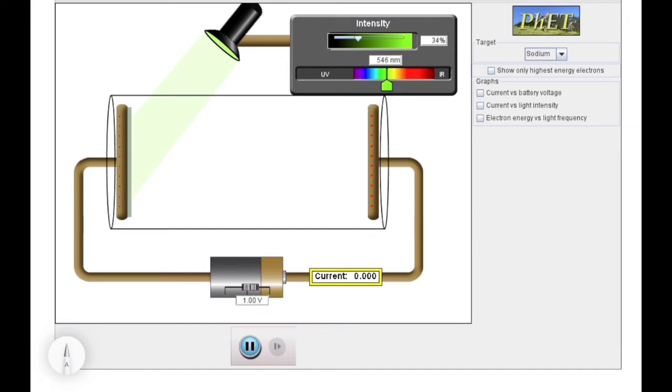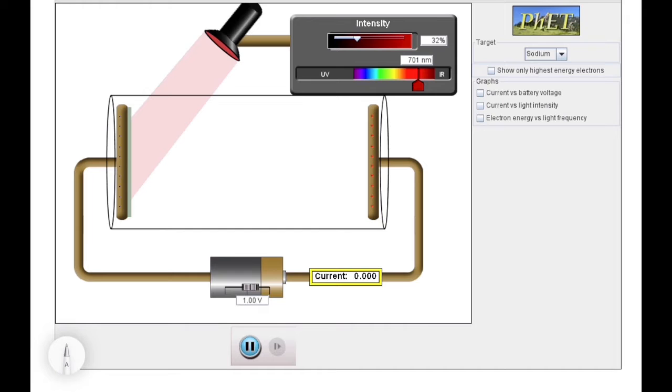So for example, if we increase the wavelength, that means the frequency is decreased. At 701 nanometers, the color is red. If we increase the intensity, no matter whether you increase or decrease, there is no electron emitted. So a minimum frequency is required for the electron to come out.